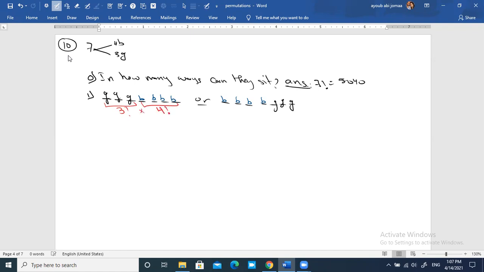I multiply. I mean the same idea. 4 factorial times 3 factorial. Then the answer will be 2 times 3 factorial times 4 factorial. Right? And then we give the answer. 3 factorial 6 times 24 times 2, 288 ways.